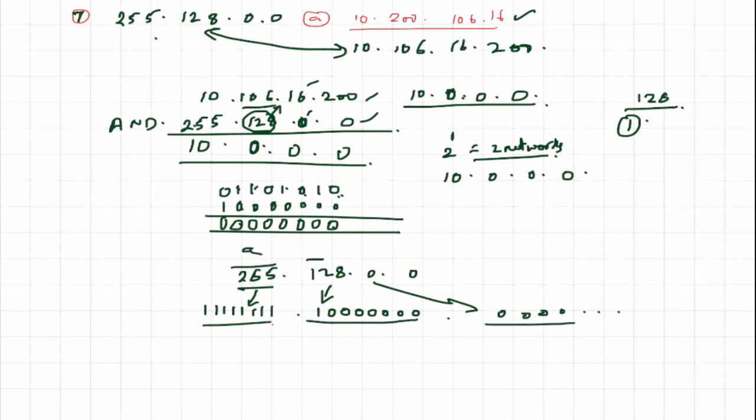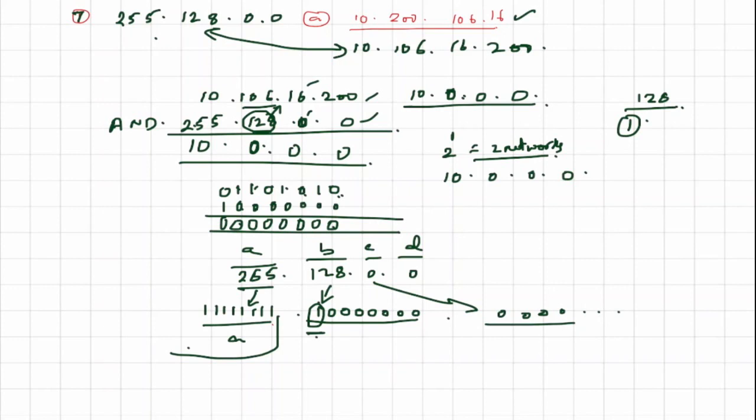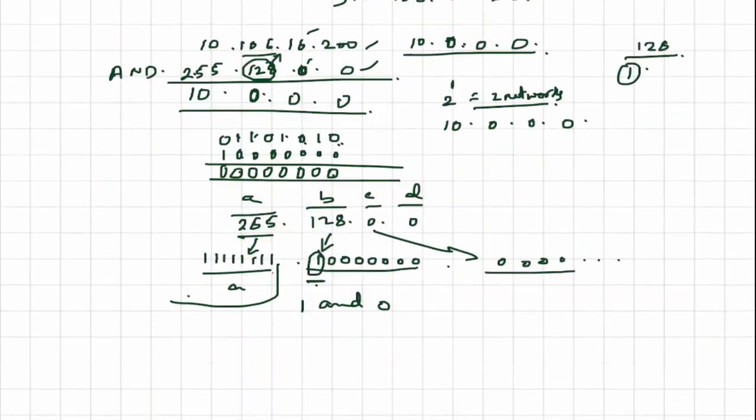So this is part A, part B, part C, part D. A is constant, nothing to be changed, but in B we have borrowed 1 bit into the network portion. So in this one place, 1 and 0 can be placed here.